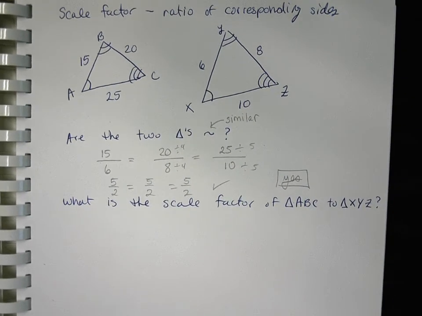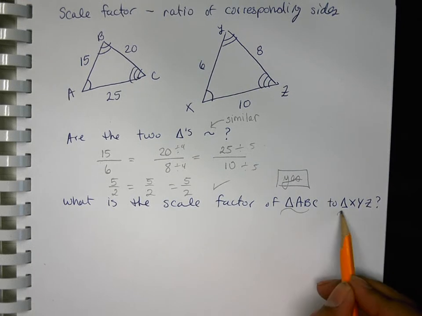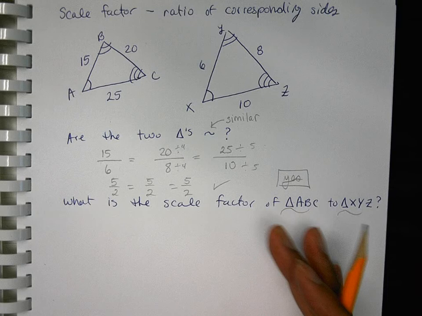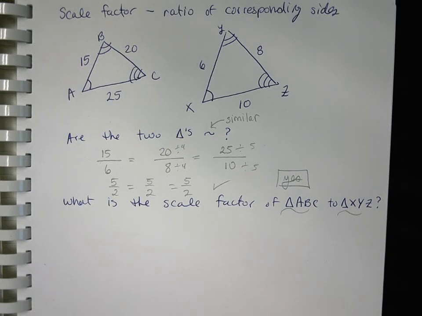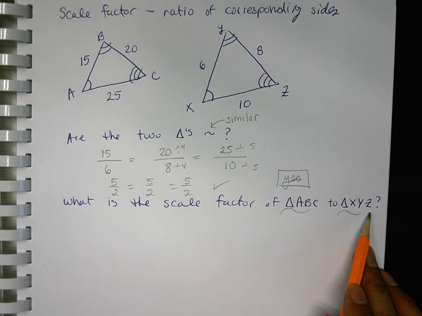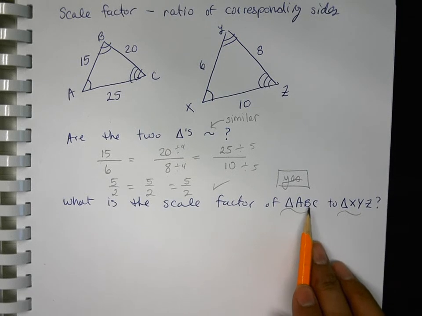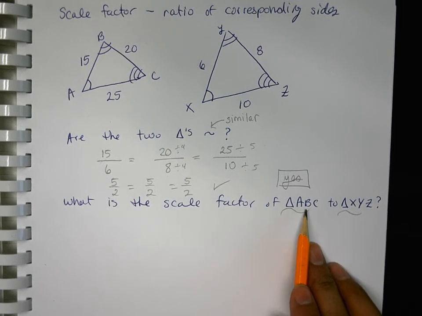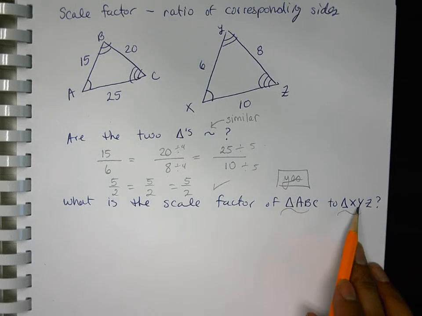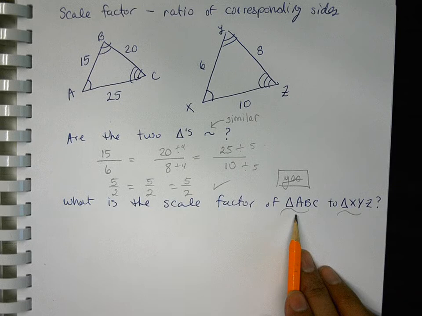Now, when they ask you for scale factor, they will ask you from one to the other, from small to large, from large to small. You have to know which number goes on top of your fraction. So if they're saying ABC to XYZ, which number is going to go in the numerator? One of the ABC triangle sides, and which one's going in the denominator? XYZ.